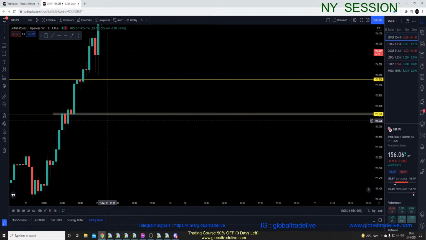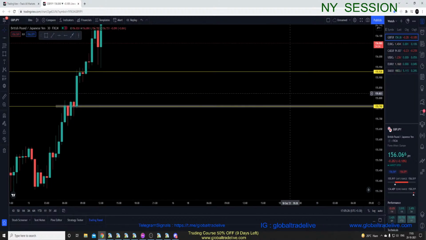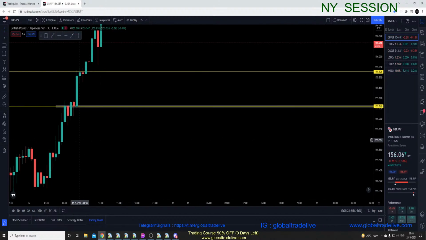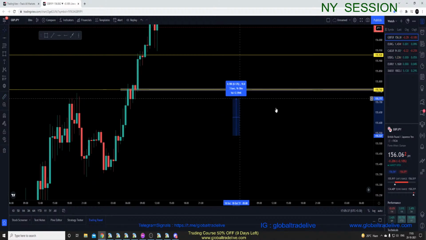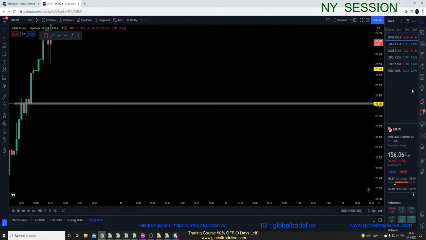So this will be the first target over here, and once it starts to move more down, it will be reaching this level. So the range becomes about 18 pips over here.